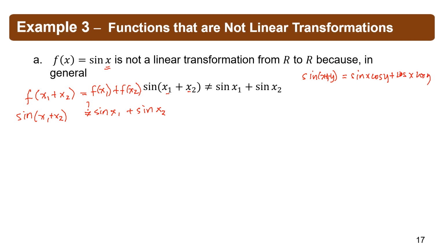So for sine of x sub 1 plus x sub 2, it should be sine x sub 1 cosine x sub 2 plus cosine x sub 1 sine x sub 2, which is exactly different, no? So they are not the same.